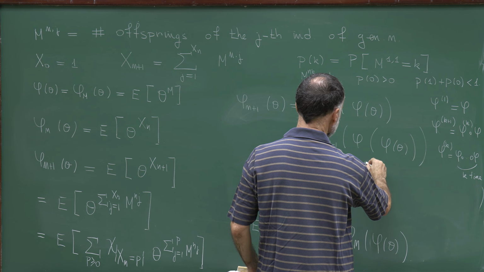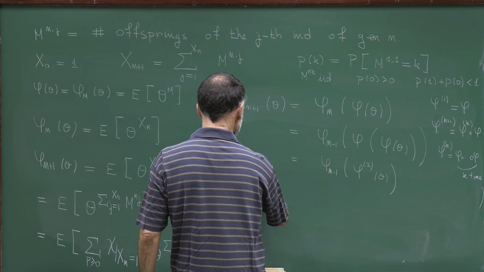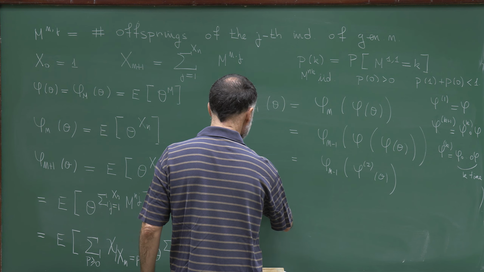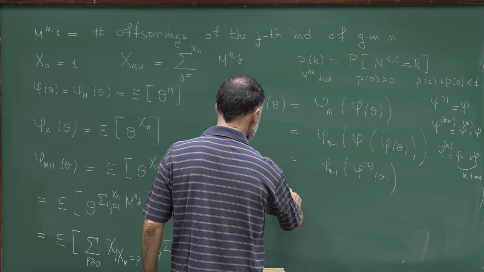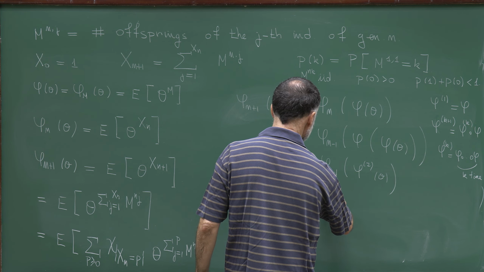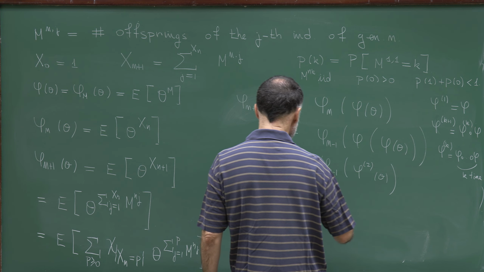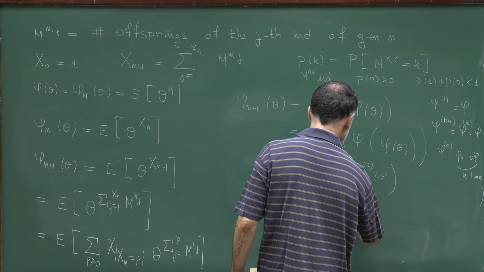And if you iterate this relation up to the end, what you get is that phi n plus 1 of theta is equal to the n plus 1 composition of phi with itself computed at theta.